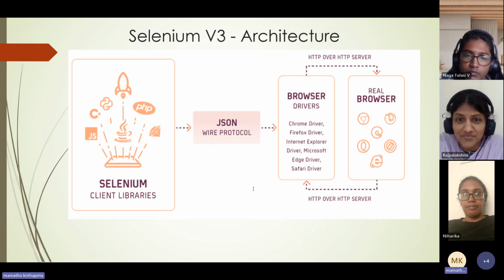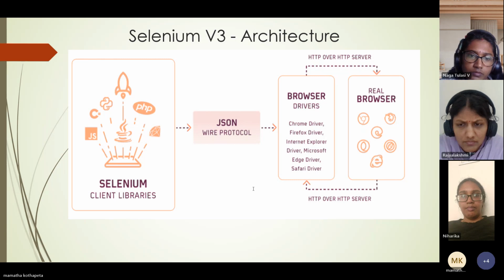So this structure, the JSON, was the bridge, and the server needs to understand these protocols. This led to slower test execution, more errors, and the tests were also not stable.